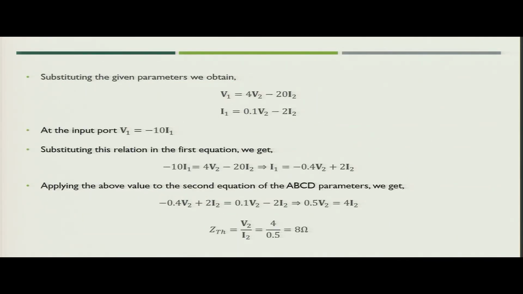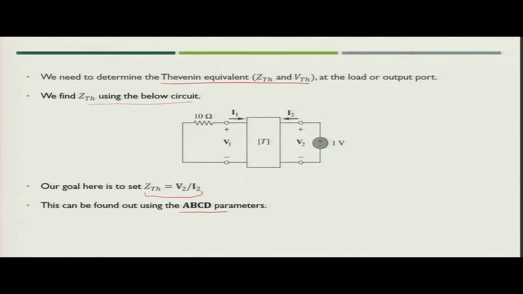So, this relationship V2 and I2 we will get with the help of ABCD parameters. So, if you put the values of A, B, C and D, you can simply write V1 and I1 as V1 is equal to 4 V2 minus 20 I2, I1 is equal to 0.1 V2 minus 2 I2. Now, if you see at the input port, V1 is equal to minus of 10 I1, because the direction of I1 is opposite.